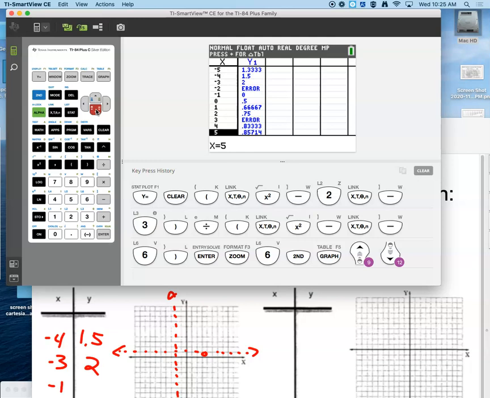Why is there an error at 3? That was where our hole was. Yeah. So vertical asymptotes and holes are going to show up as errors.